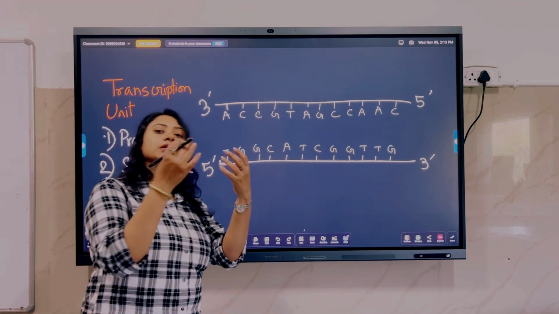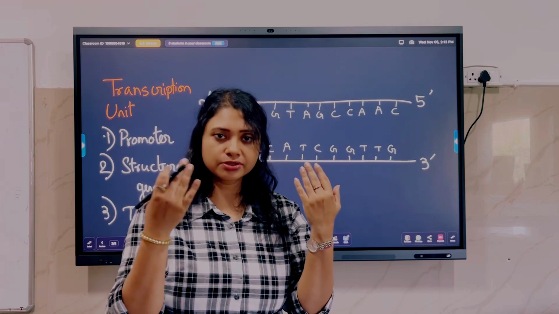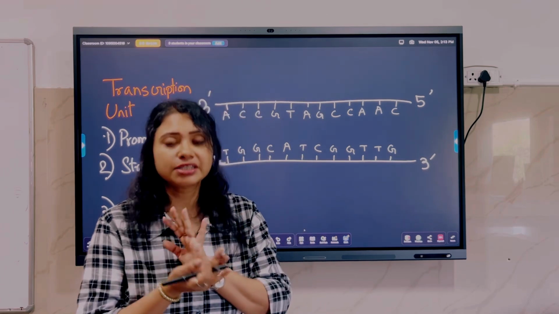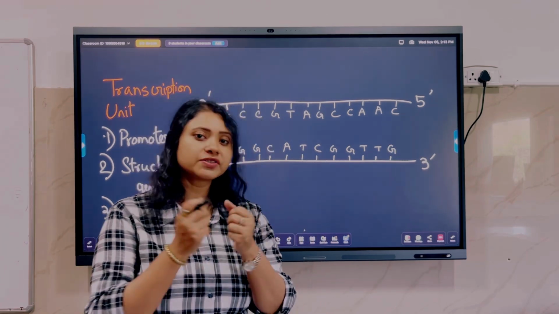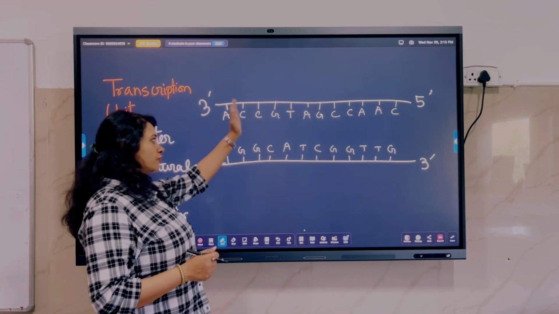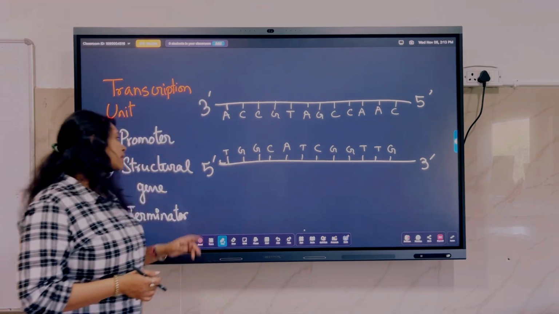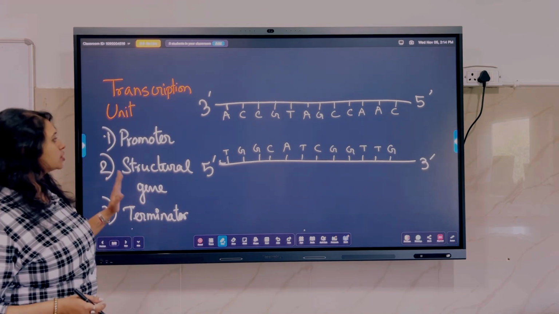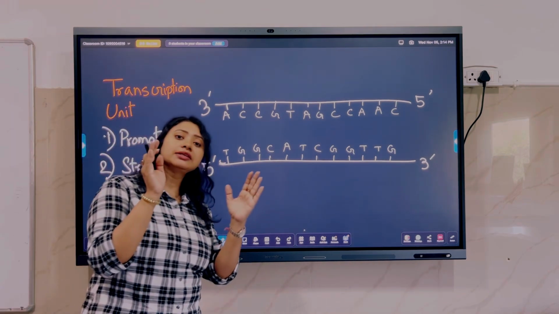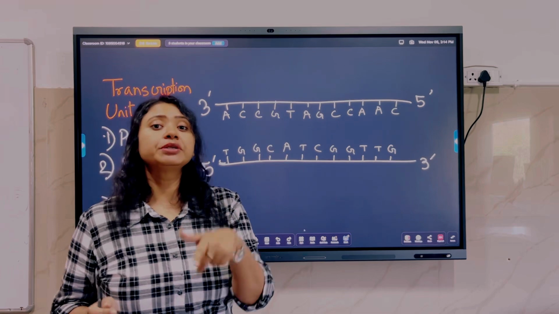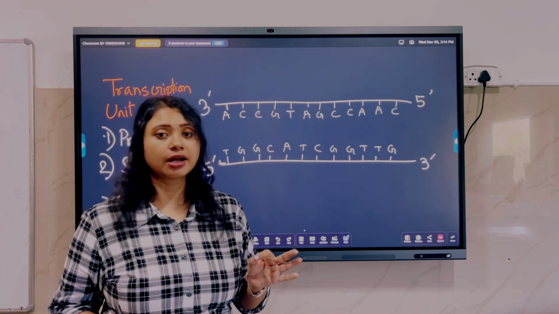I have exactly separated both the strands. We know that DNA strands are intertwined, but I have separated them to help you understand easily. Now, the structural gene is exactly the portion which is going to be transcribed into messenger RNA.